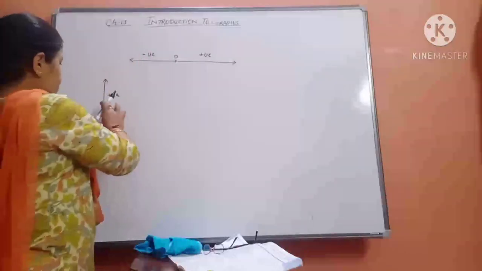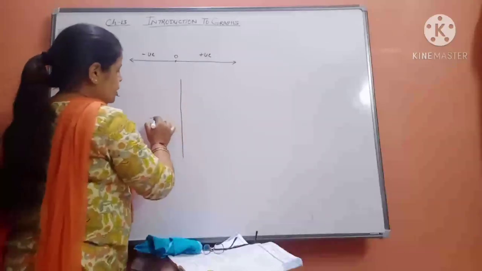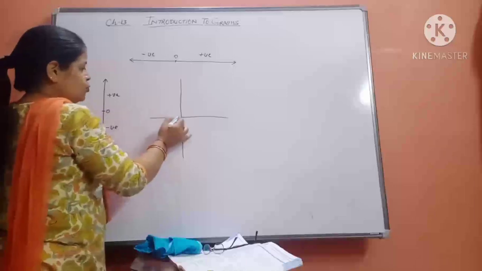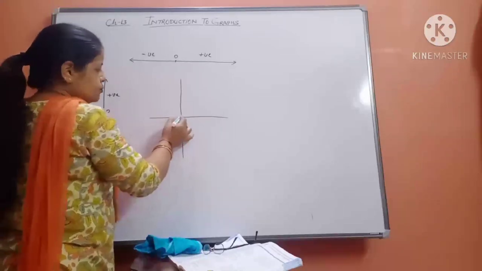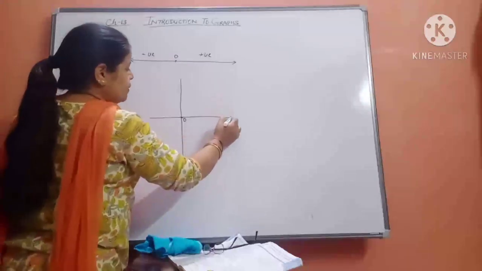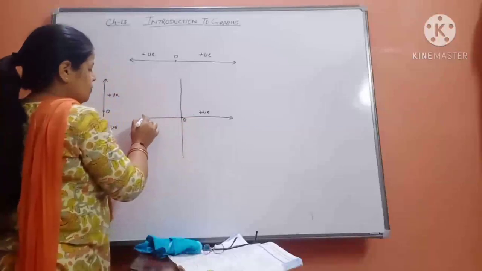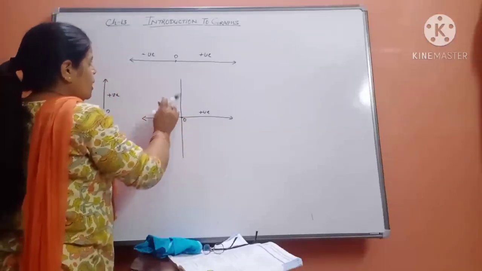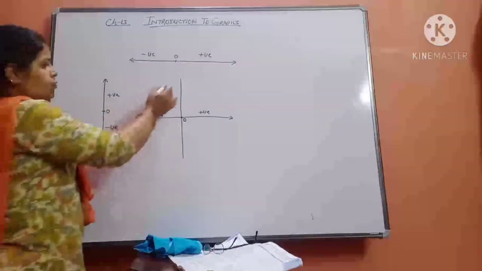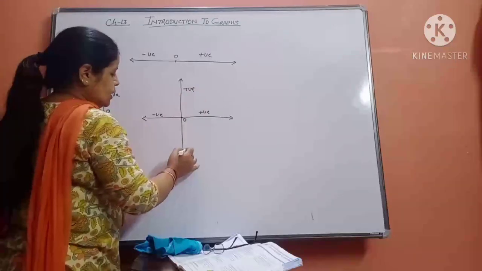When we combine both the lines in this way, joined at 0, this will become 0. In the horizontal line the right hand side has positive values and the left side negative values. In the upper side the positive values will be there, and in the lower direction negative values.